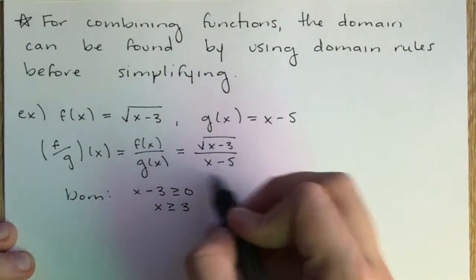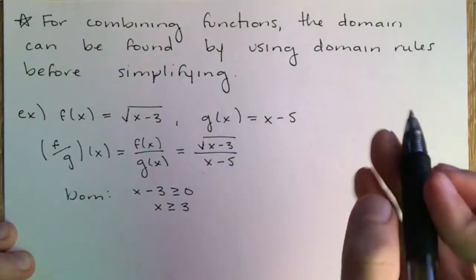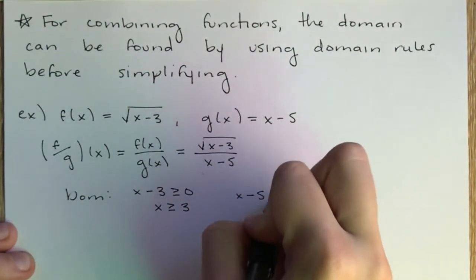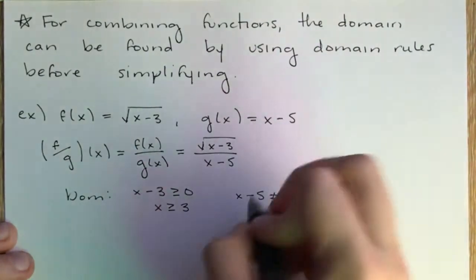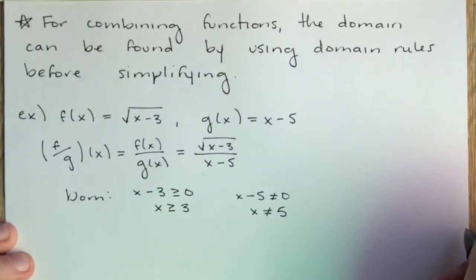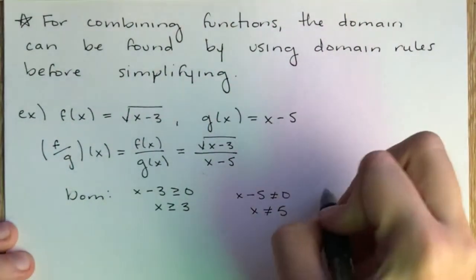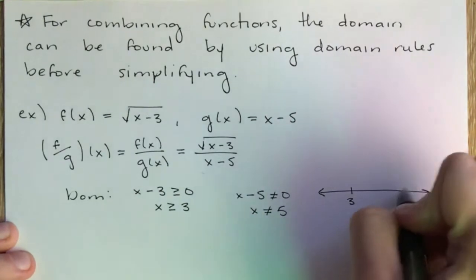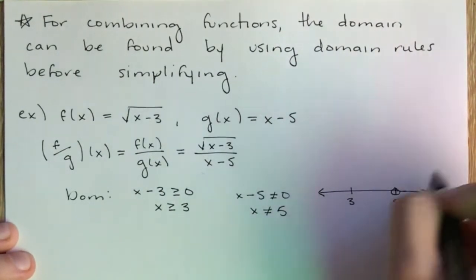Our domain rules also say that we can't have a 0 in the denominator, so we need to figure out where the denominator is equal to 0. We solve for x, we get that x cannot be 5. So we want x to be greater than or equal to 3, but not equal to 5.